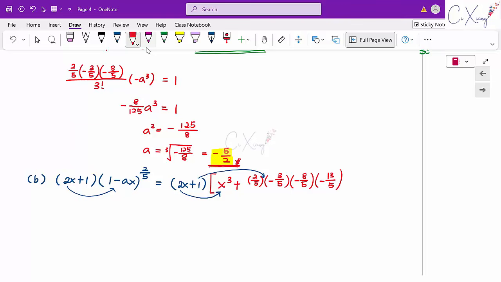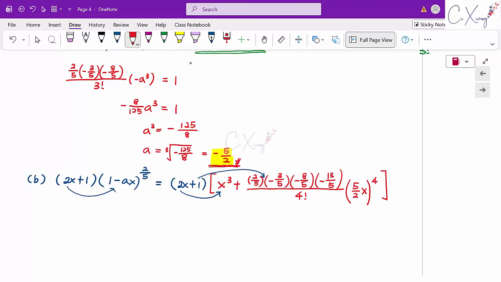Okay, so I'm having n, n minus 1, n minus 2, n minus 3 divided by 4 factorial. Then ax power 4. So your a is negative 5 over 2, right? Okay, so negative 5 over 2. So when you put it inside your equation here, negative ax, it becomes positive 5 over 2x. Then you close the bracket.